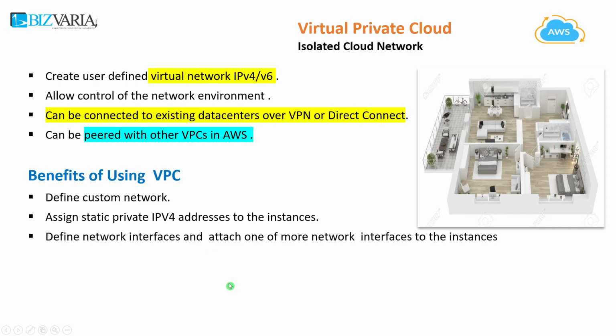Define network interfaces and attach one or more network interfaces to the instance. What happens when you buy your computer? Every device comes with a network interface. Interface means the physical location through which traffic can enter your device and then leave the device. This is called a network interface.